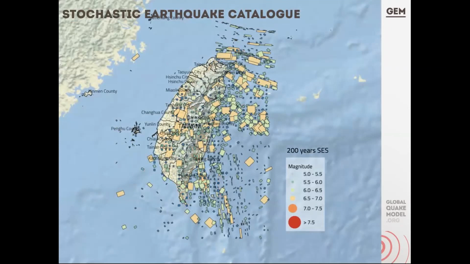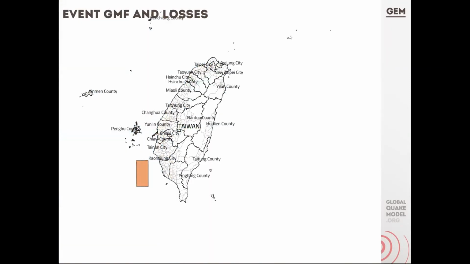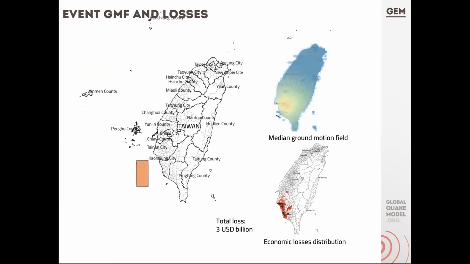And now, for each of these ruptures, so let's select one, this one. For this rupture, what I'm going to do is I will generate the ground motion field. Now we know this is a scenario, right? I generate the ground motion field and I generate the economic loss. Now we know how to do that. But what about if I want to do it for 1 million events?